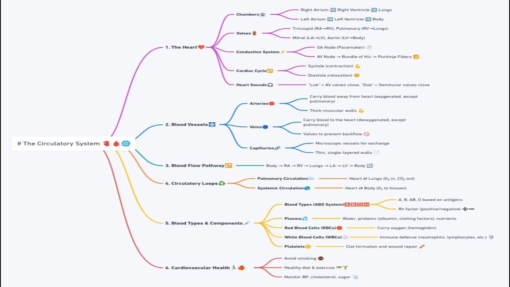Remember that when it comes to the heart sounds, the first heart sound, or the lub, has to do with the atrioventricular valves and the surrounding fluid vibrations as the valves close at the beginning of ventricular systole.